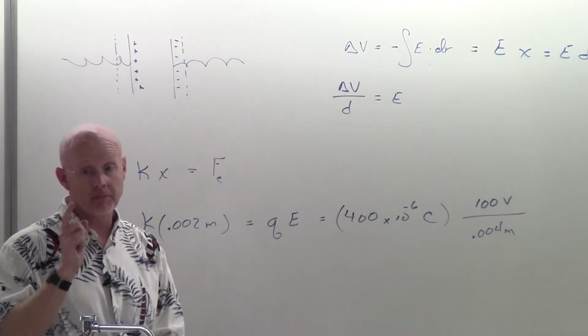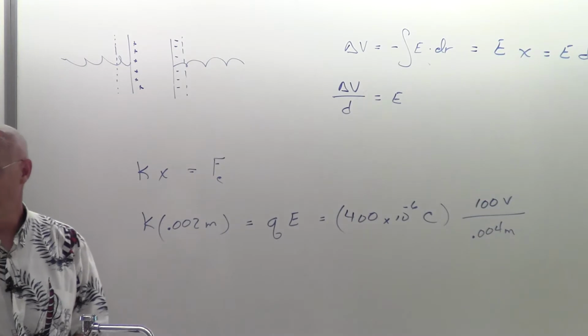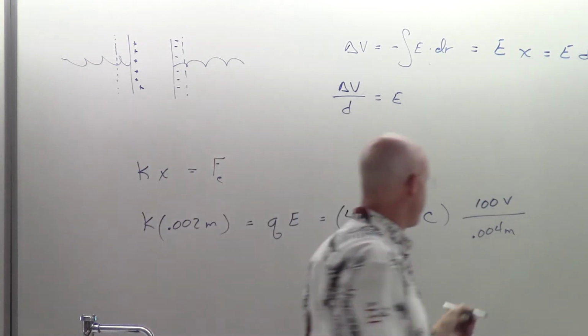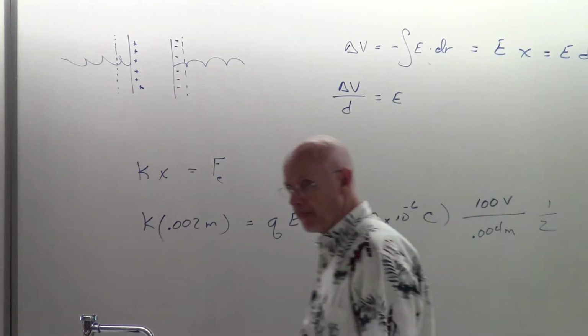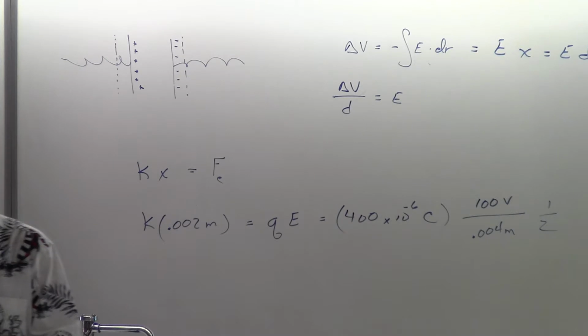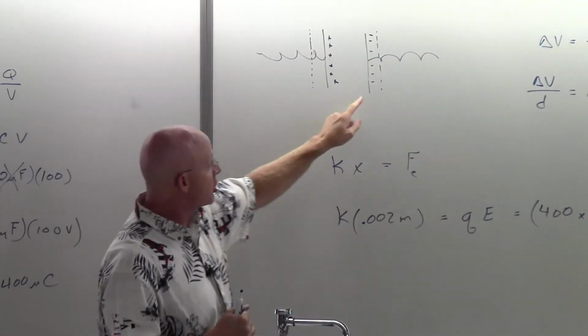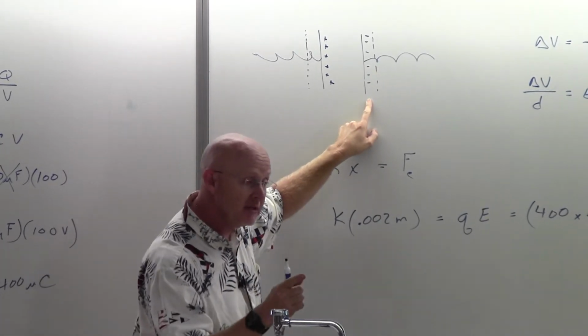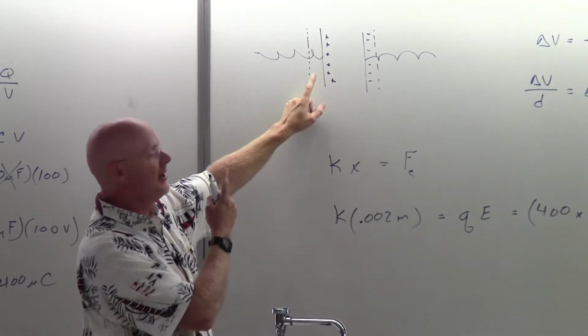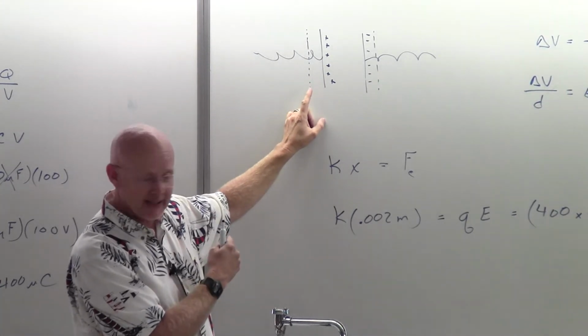But I'm missing something important here. Half the electric field. Why? Right. The idea when we did forces was it's the charge on this plate times the electric field created from the other plate.